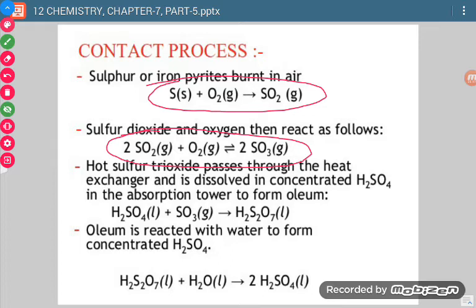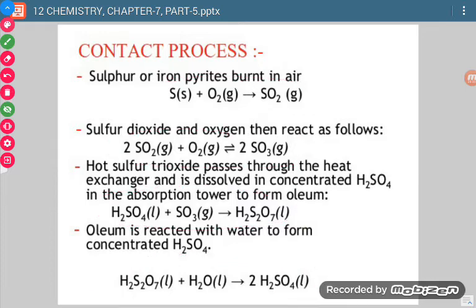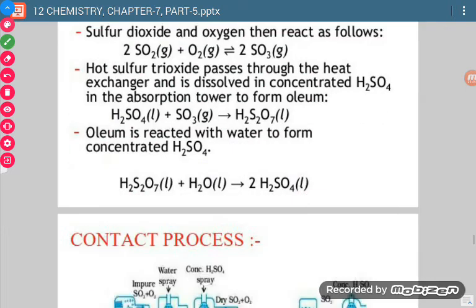Now sulfur trioxide is absorbed in absorption tower by sulphuric acid and this forms oleum. Then this oleum is diluted and this forms sulphuric acid. So chemically these 4 reactions are there only to write for the preparation of sulphuric acid.